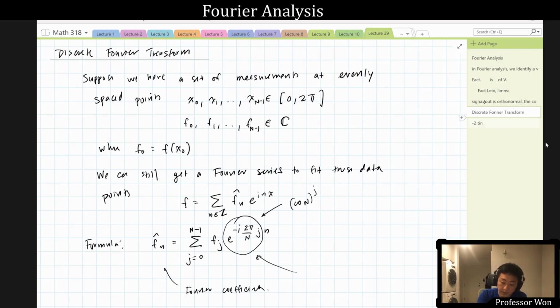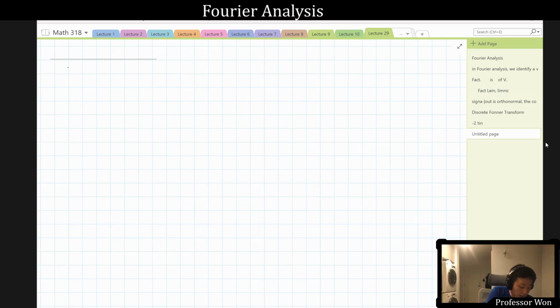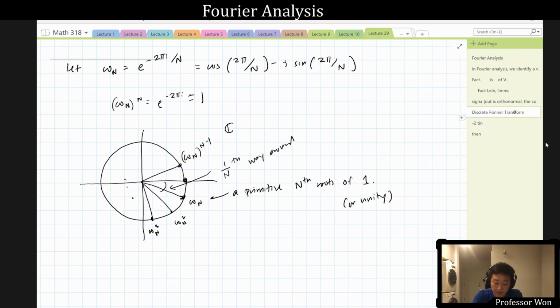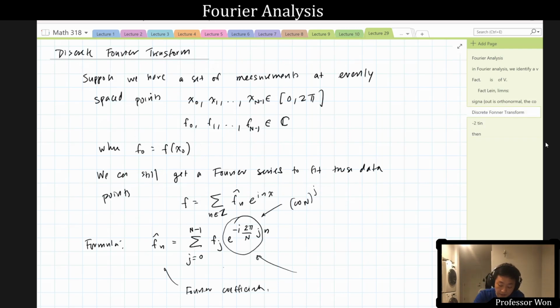Okay, so then we can just write down, you just check this, right? So we have n minus 1 of these Fourier coefficients. Each of them is a sum of fj times some power of omega n. In other words, you can think of this as a dot product of two vectors, right?